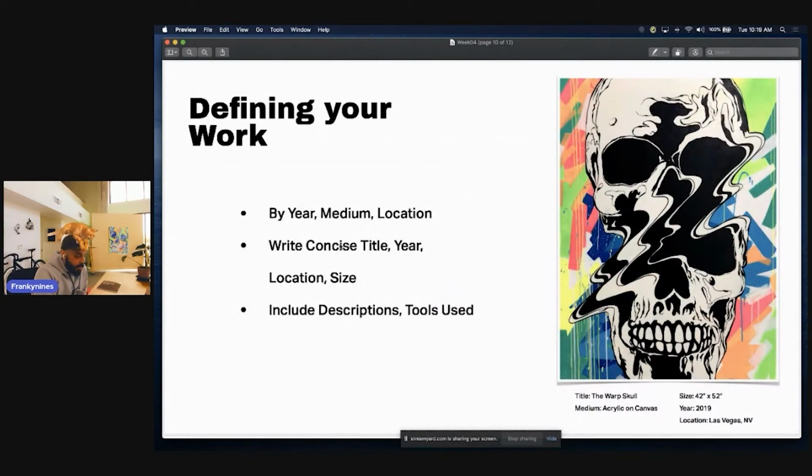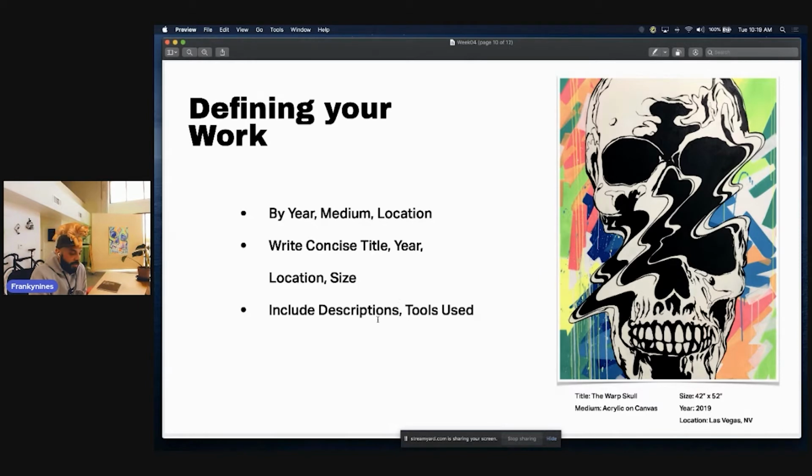So, defining your work. Here's an example of a painting that I did. When you're creating your portfolio, whether it's a hardbound book or you're putting your work online, defining the year, the medium, the location, the title, the size, descriptions, and tools used, those are all really, really important, because some of those things might make your work value higher, right?